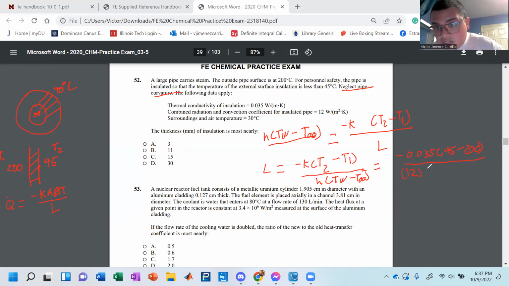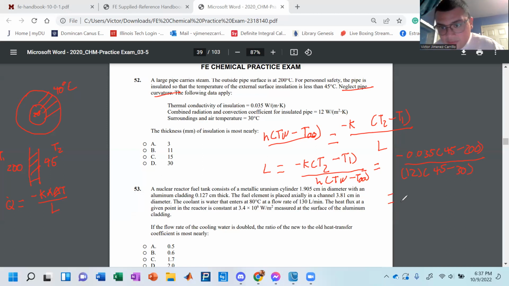And then you have the change in convection, which is between itself and a moving medium, which will be air, which is going to be the wall temperature, 45, and what's touching the air, which is going to be 30 degrees.